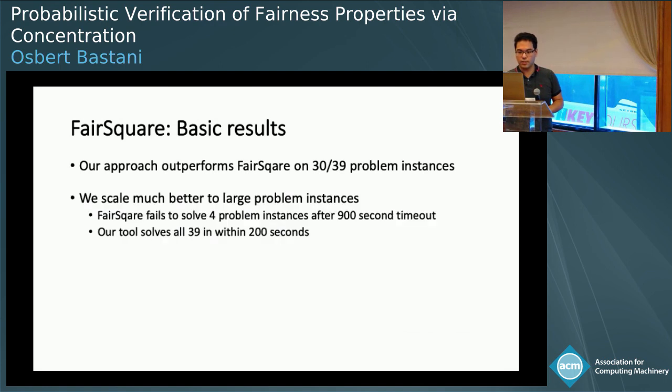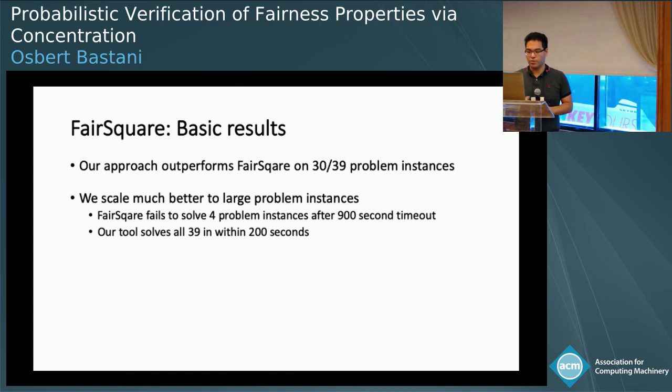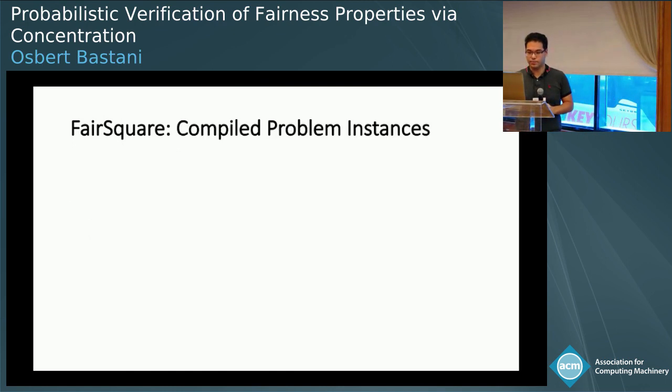So just to give some results, on the FairSquare benchmark, our approach outperformed FairSquare on 30 out of 39 of the problem instances. And in particular, we scale much better to large problem instances. FairSquare fails to solve 4 problem instances after a 900-second timeout, whereas our tool solves all 39 within 200 seconds.